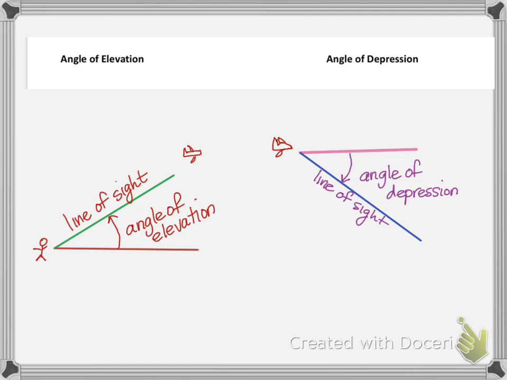So those are two different types of things that are happening. Say he saw some beautiful trees and was admiring them. These are the two different scenarios that you will have within your application problems.